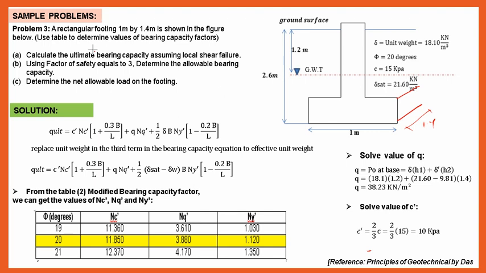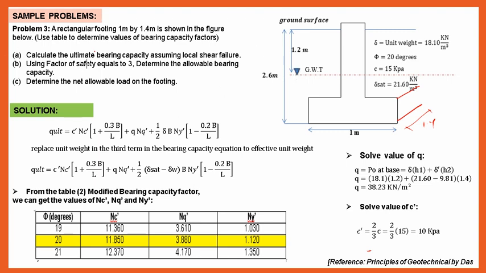We have to use the table to determine the bearing capacity factors. So, gagamit pa rin tayo ng table in determining the values of our bearing capacity factors. So, given this figure, yung groundwater table natin is located above noong ating footing. So, meron tayong effect ng groundwater.